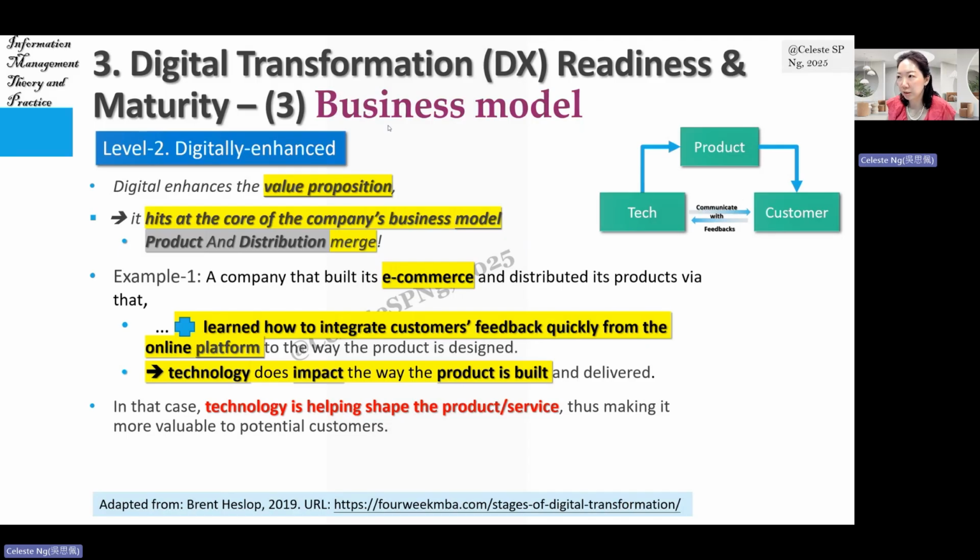Because the use of digital technology impacts the design of the future product or service, we can say that this second level is called digitally enhanced. It enhances the existing business model. In short, technology is helping the organization shape its product and service by getting feedback from the customer.